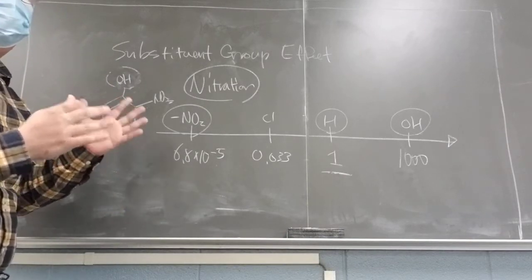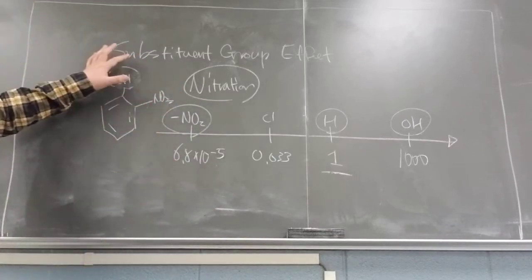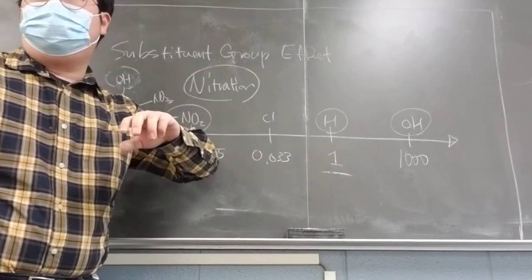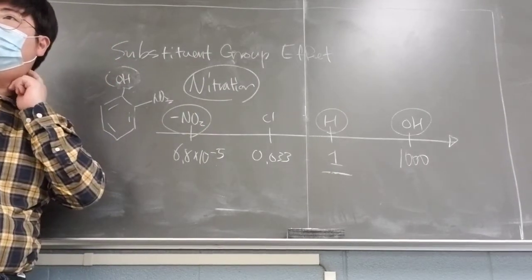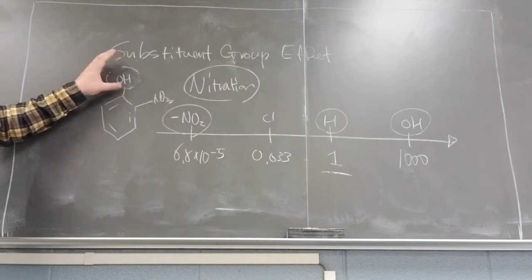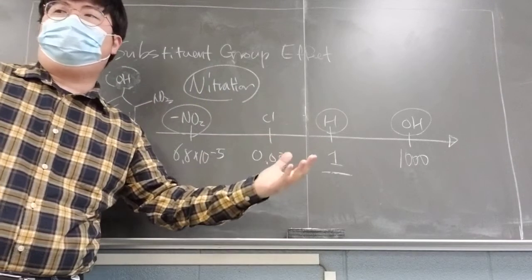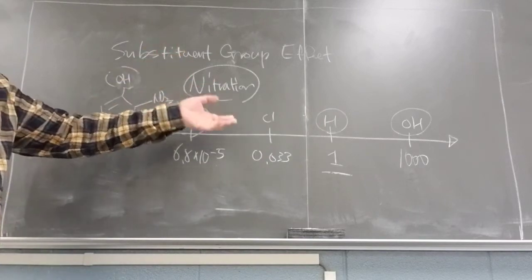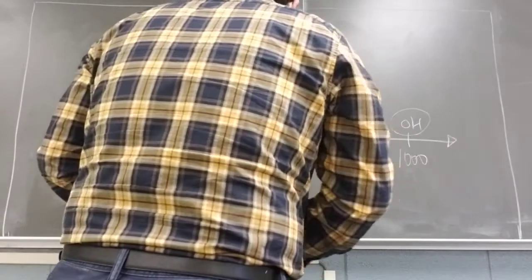So those types of effects that we have for the aromatic compound, we call substituting group effects. Kind of makes sense. So whatever group you already have on the compound will determine the speed of the reactions. If it's nitration, sulfonation, everything, this is the job we need.